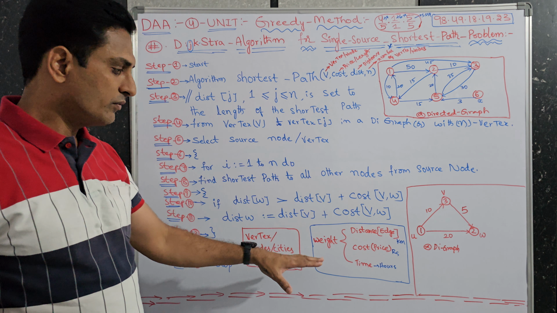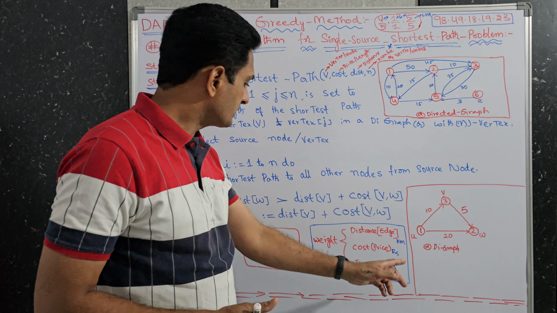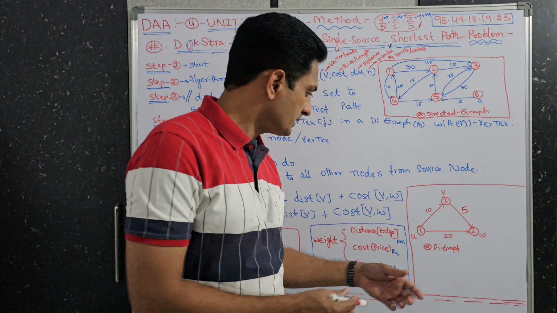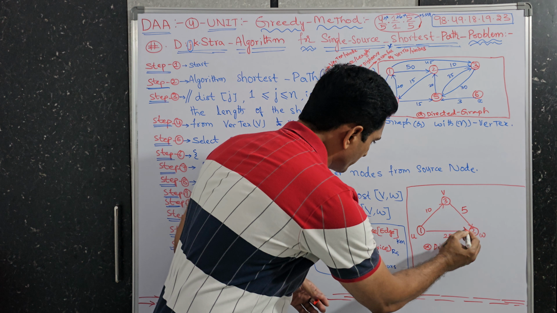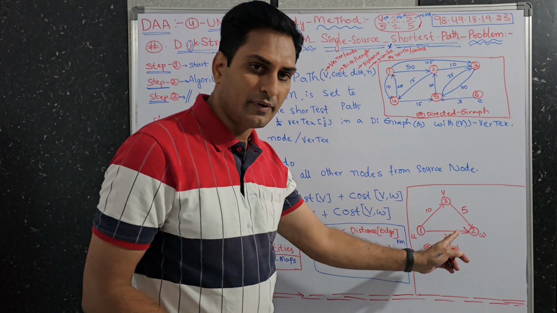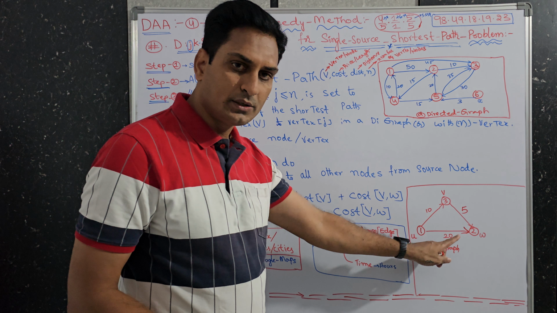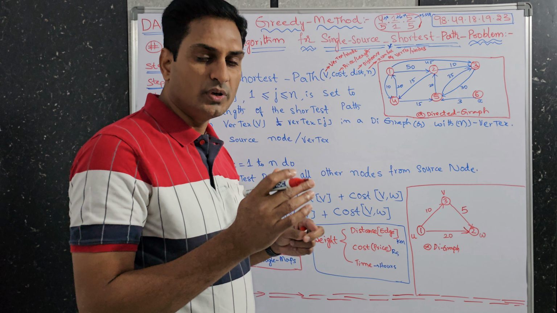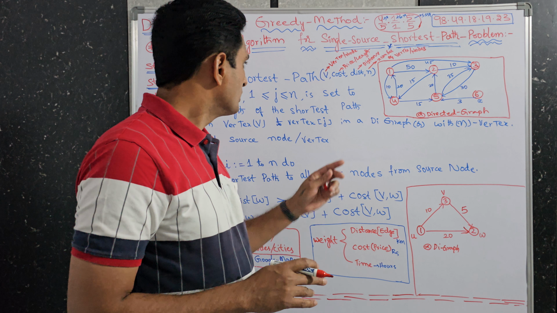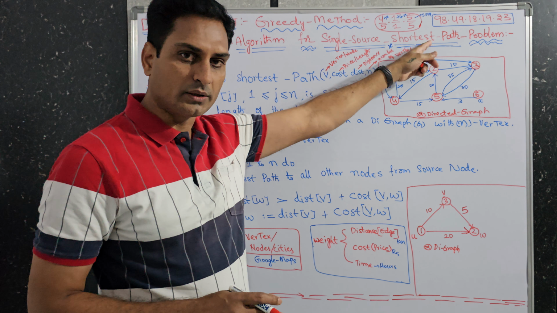To understand this, we will go with a small diagram. For example, imagine a directed graph, meaning directions, arrow marks are given, like 1 to 2. From city 1 to city 2, the weight or the distance is 20. And we need to find whether there is any other shortest path.